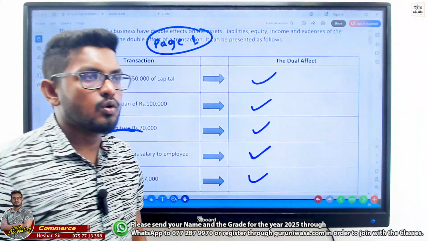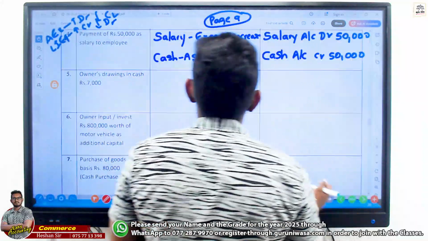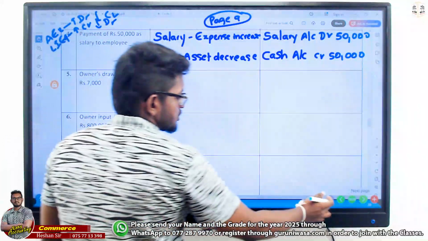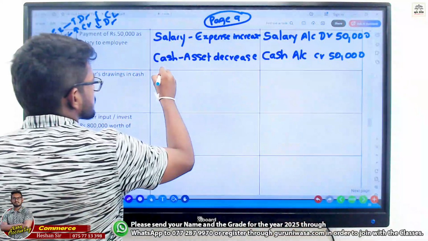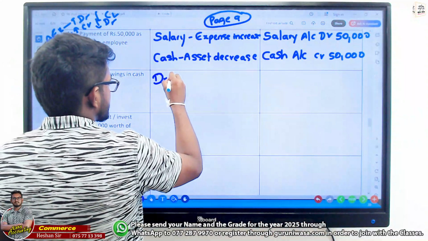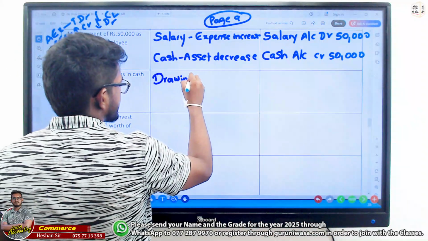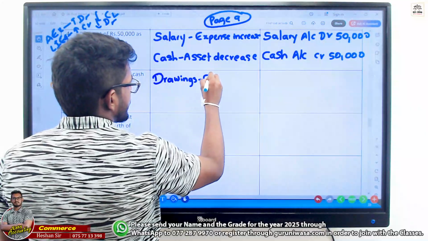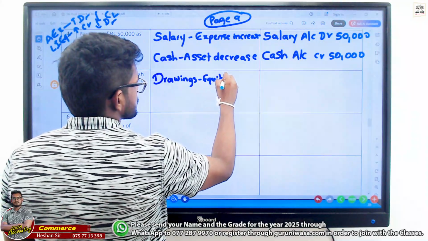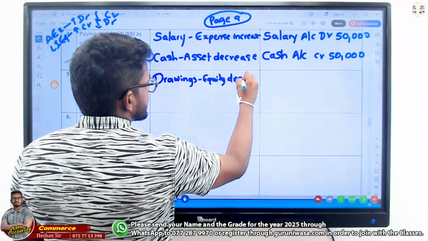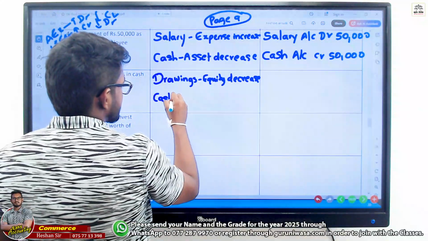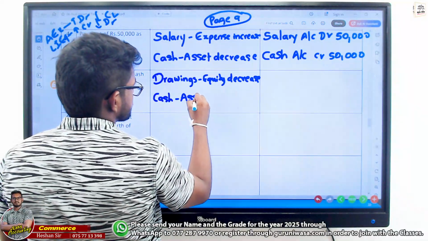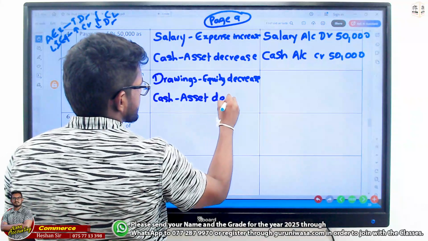Right? Okay. So you can write the same thing here first. Drawings equity decrease, and cash asset also decrease.